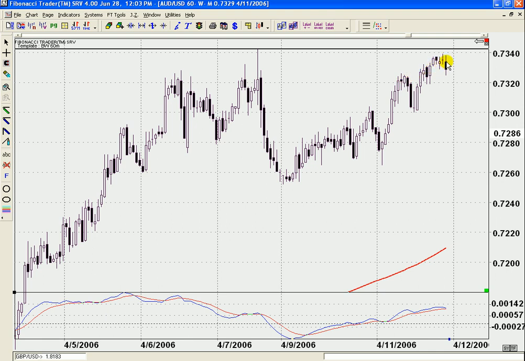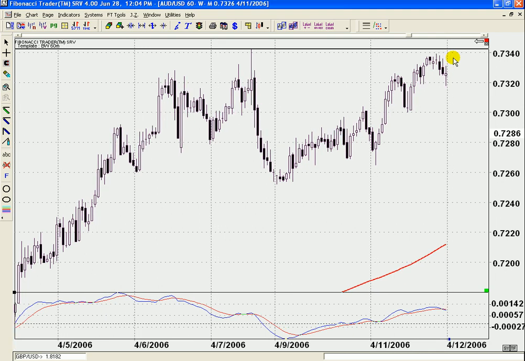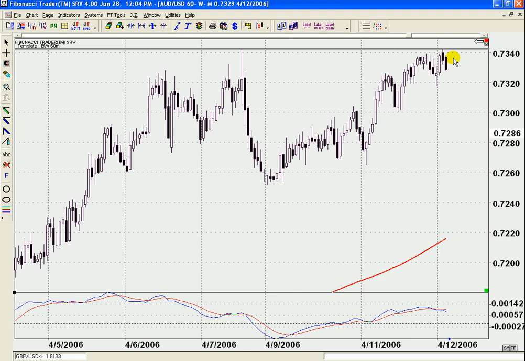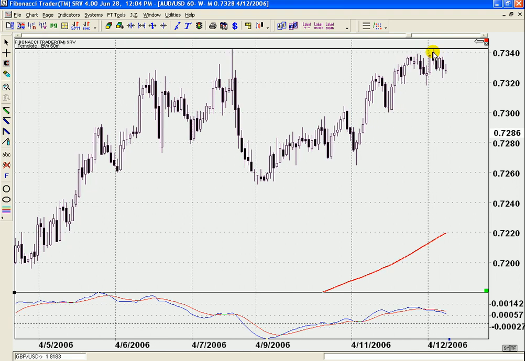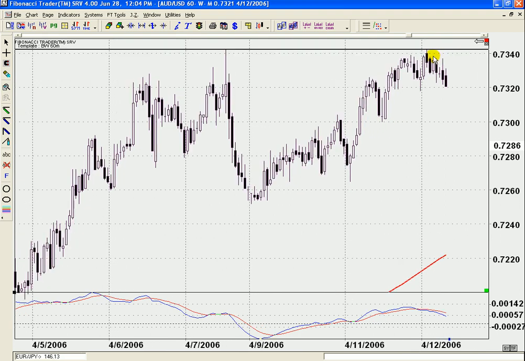Now it's highly unlikely that we will make a new high as we move into the Asian session. This vertical line generally represents the height of the Asian session. And we failed to make new highs.